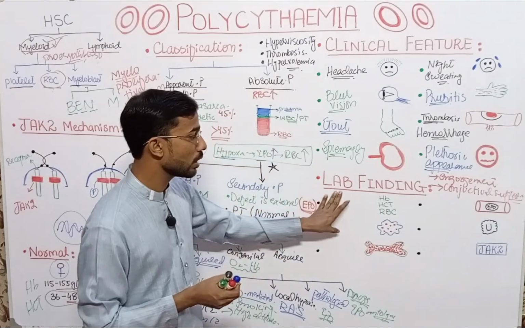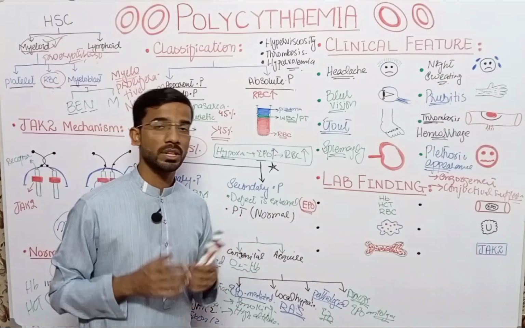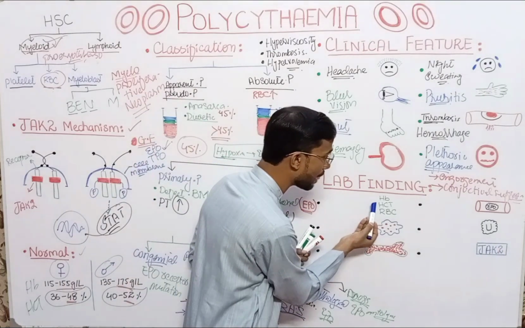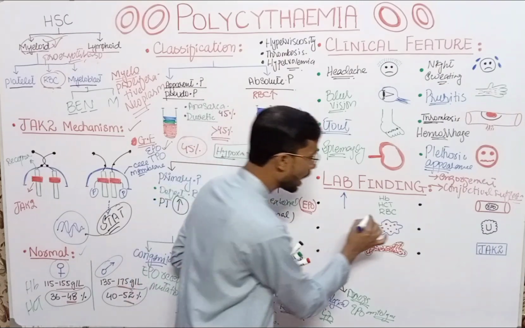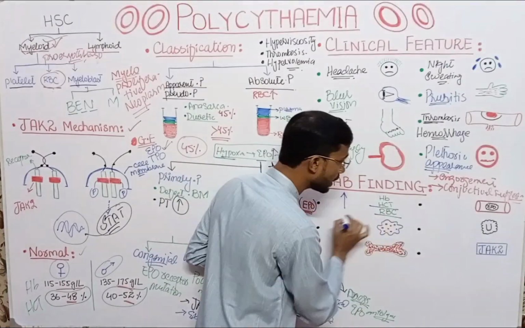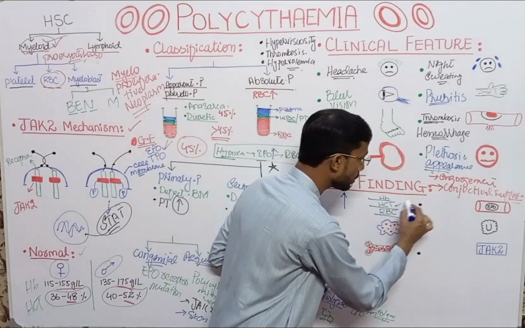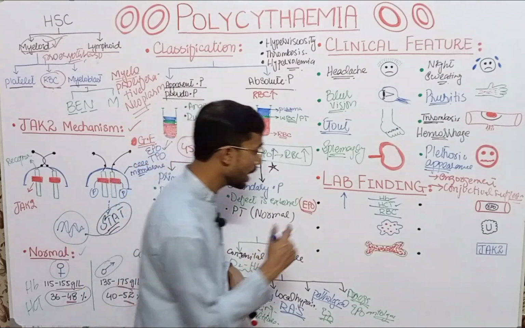Next, if we talk about the lab findings, how can we diagnose polycythemia from the laboratory? If we talk about Hb, hematocrit, and RBCs, these are basically high in polycythemia. RBCs increase, hematocrit increases, and due to the increase in RBCs, the hematocrit also increases and the hemoglobin will also be increased.